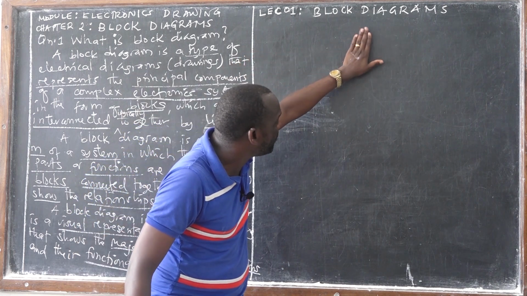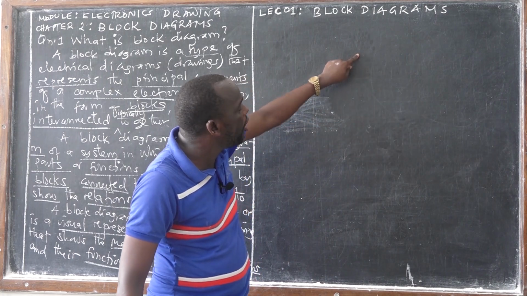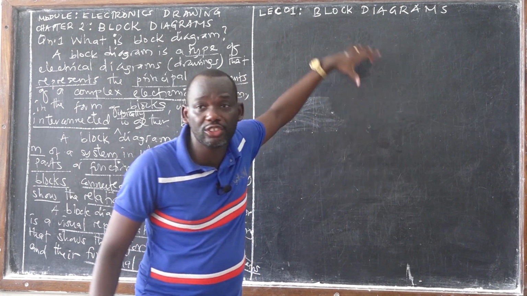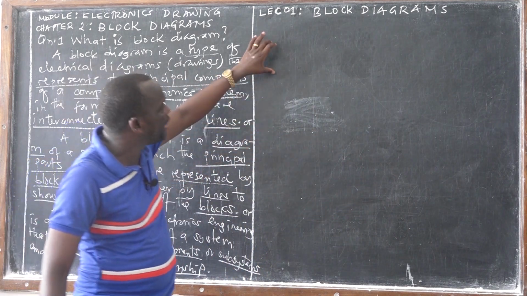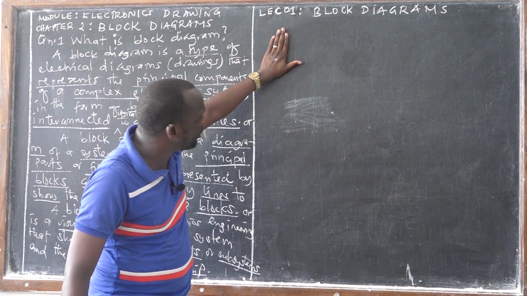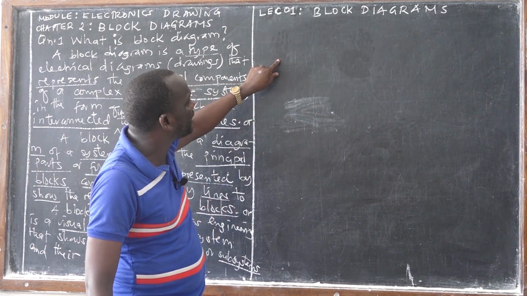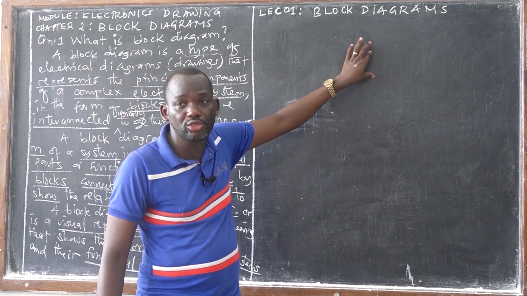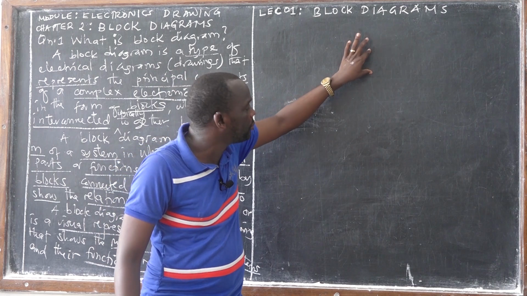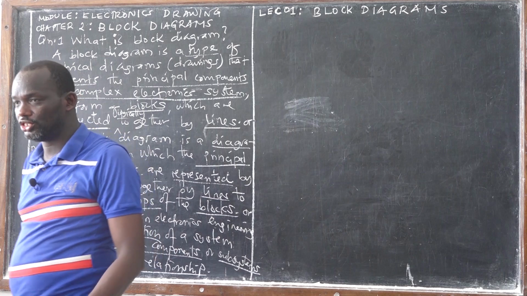Then maybe block 2 is interconnected with block 3, so the second and third blocks also have a functional relationship. It means their functions are related. If you draw an arrow from the first block to the second block and then to the third block, it means this block performs a particular function, and its outputs are the inputs of the next block, and the outputs of that block are the inputs of another block. That is the meaning of functional relationship.